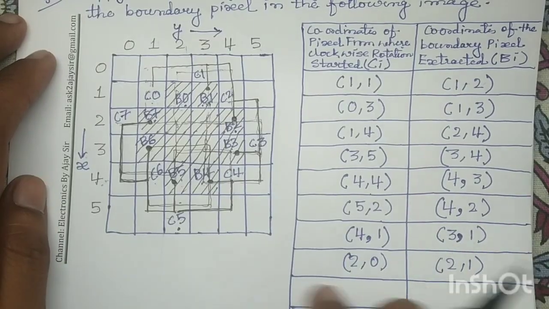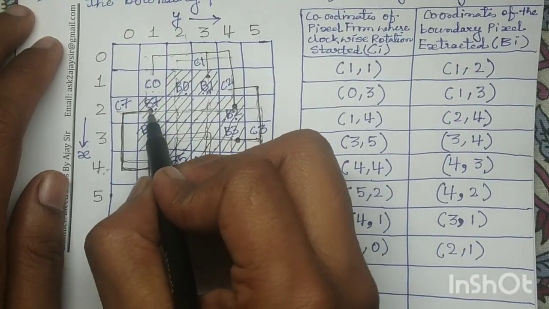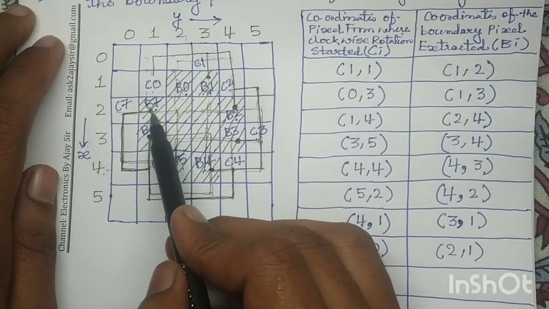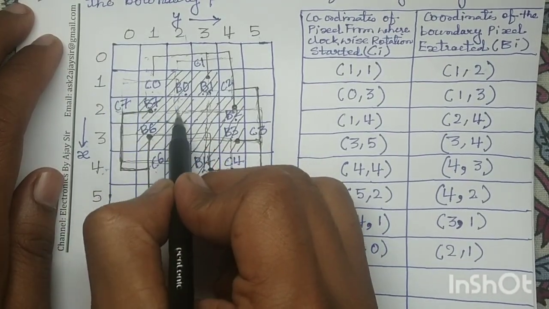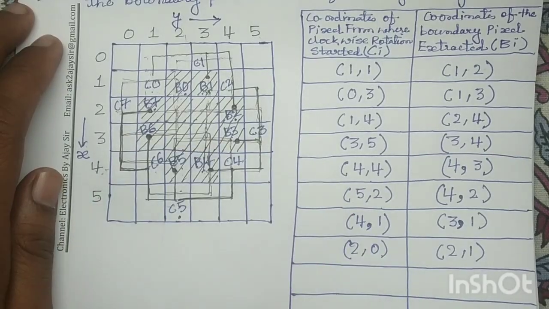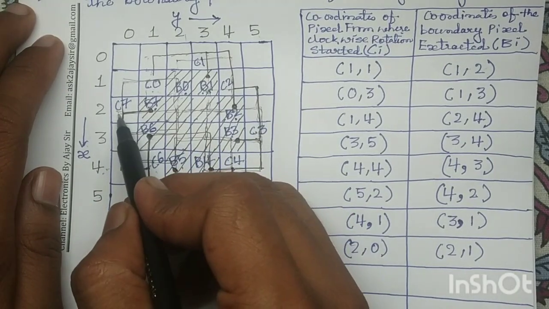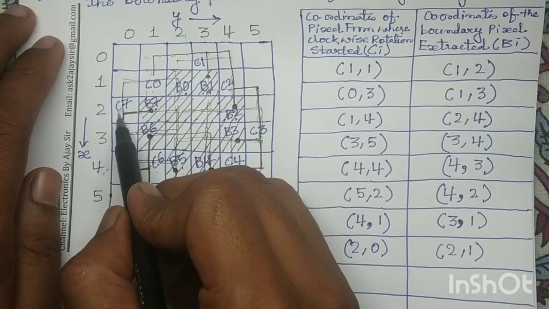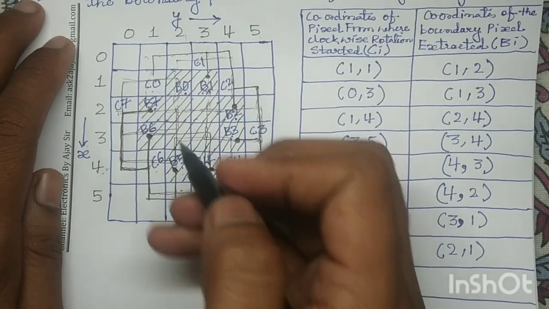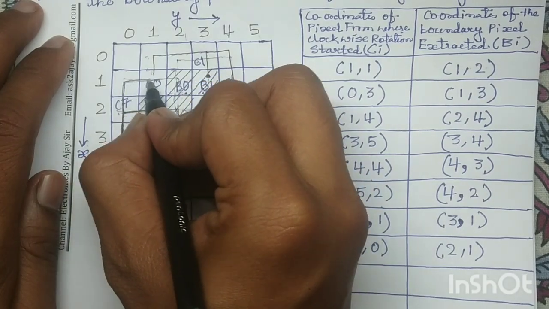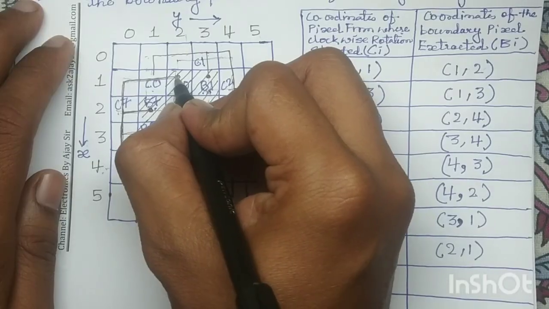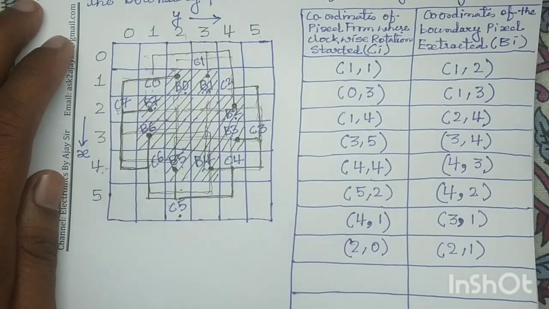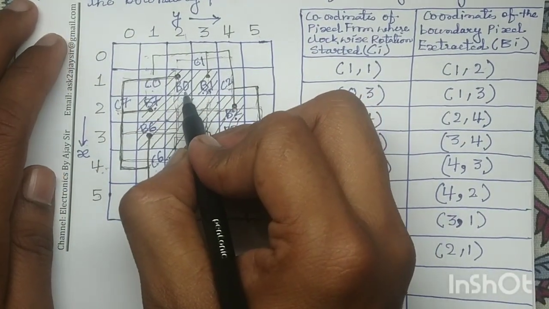And in the next iteration, if you target the 8 neighborhood pixels of B7, and from C7 you start moving in a clockwise direction, and observe what is my next boundary pixel that we will reach, you will again come back to the starting point, that is the point B0.